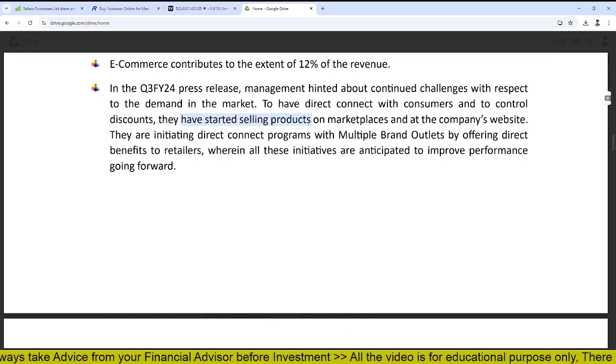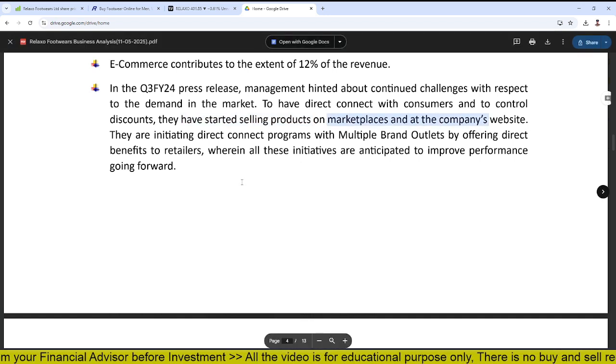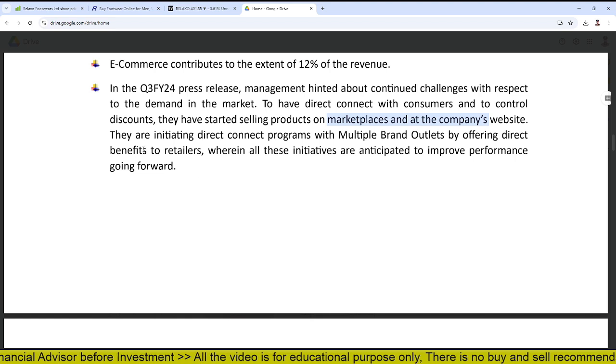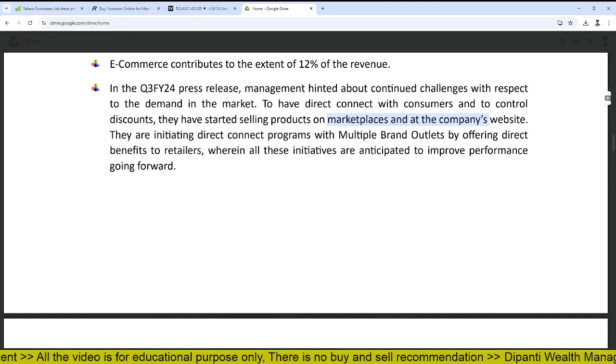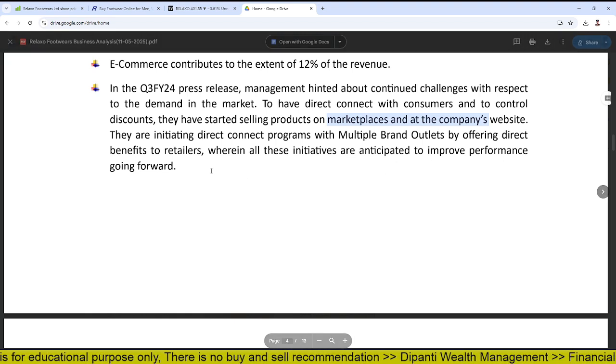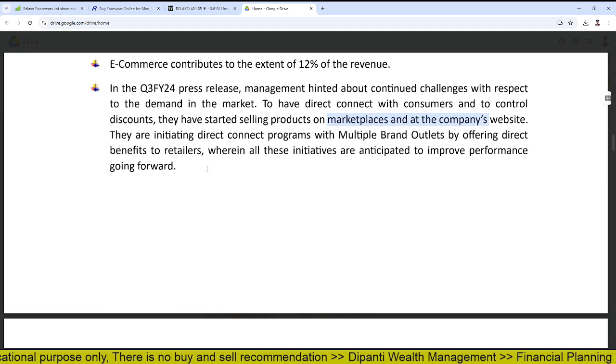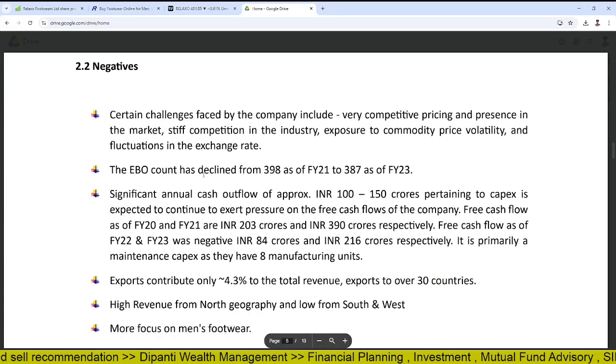They have stated selling product on marketplaces and at the company's website, and they are initiating a direct connect program with multiple brand outlets by offering direct benefit to retailers, wherein all these initiatives are anticipated to improve performance going forward. So they are improving the marketing strategy, and they are basically coming to the end customer, that is the retailer, to give maximum benefit. Now let us discuss the negative points of as enterprise.